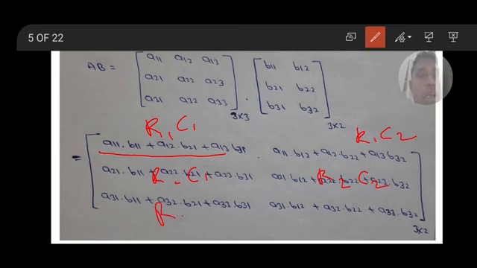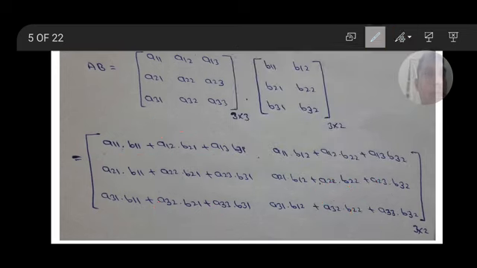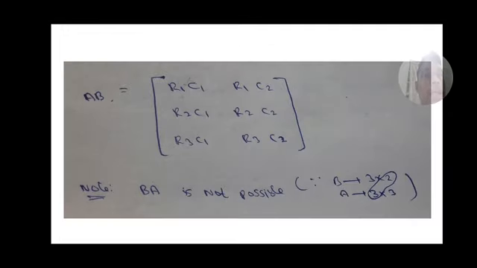This is R3C1, R3C2. Means first row first column, first row second column, second row first column, second row second column, third row first column, third row second column. Remember it as R1C1, R1C2, R2C1, R2C2, R3C1, R3C2.